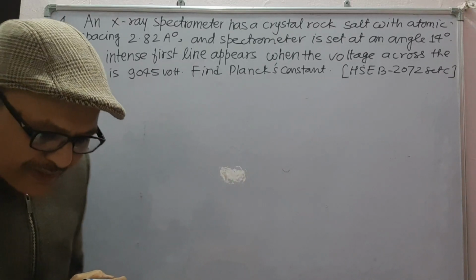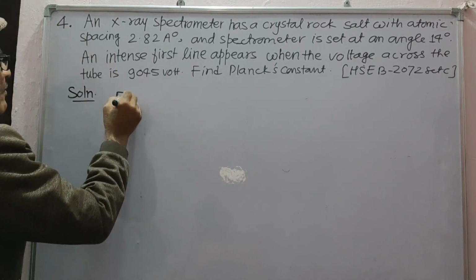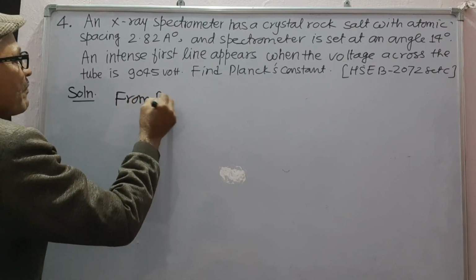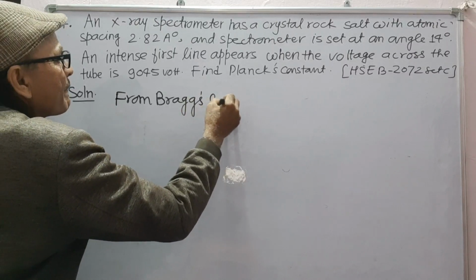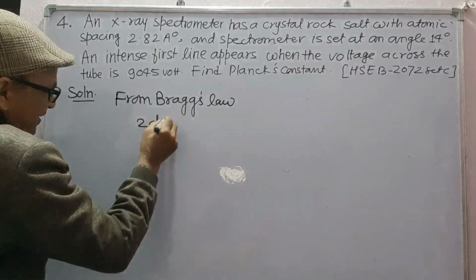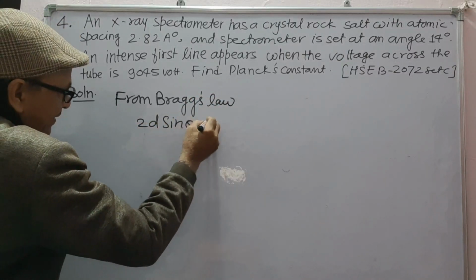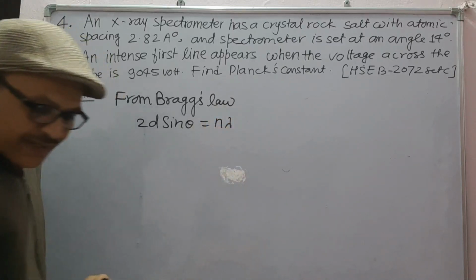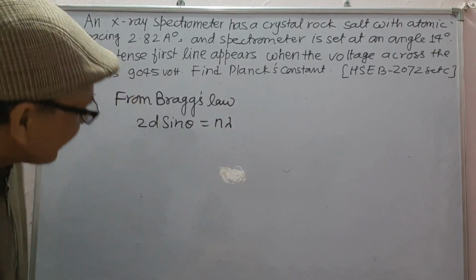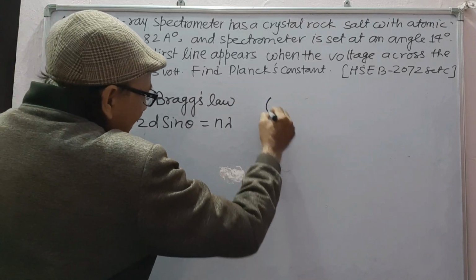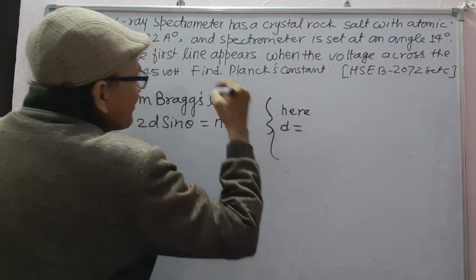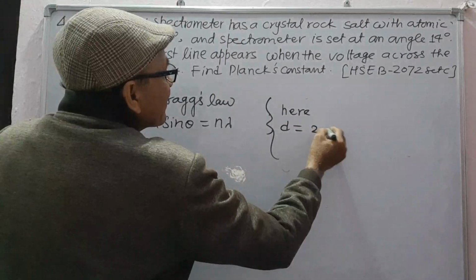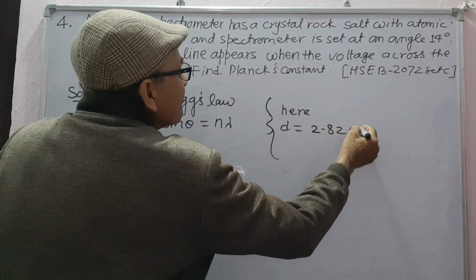From Bragg's law, 2d sin theta is equal to n lambda. Here n is 1. Here d is interatomic spacing, which is given to be 2.82 angstrom.